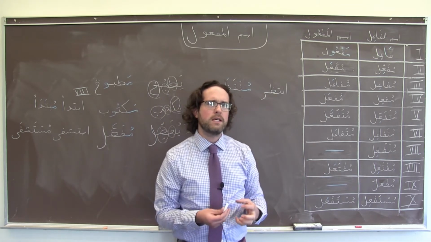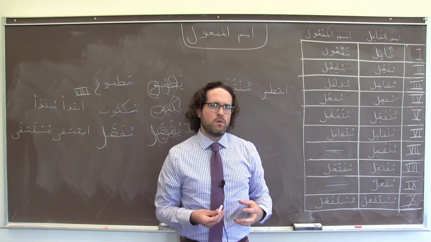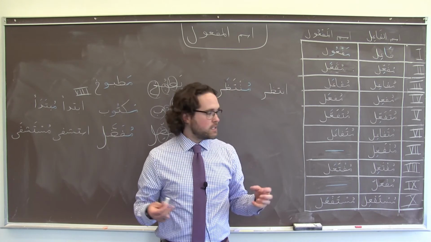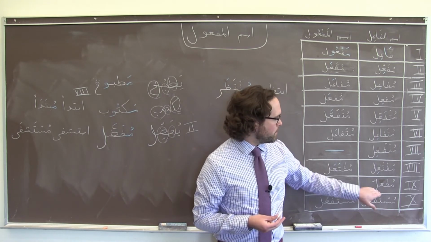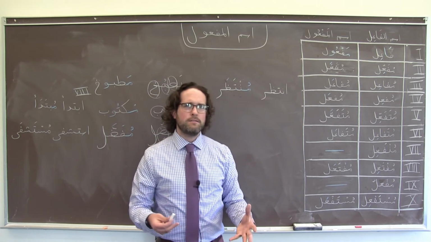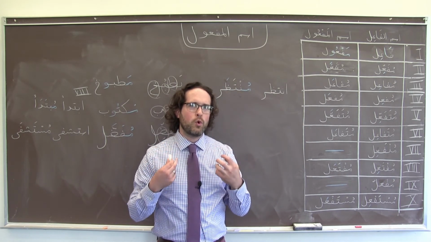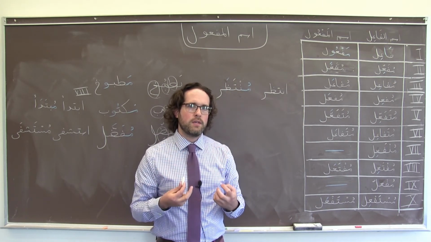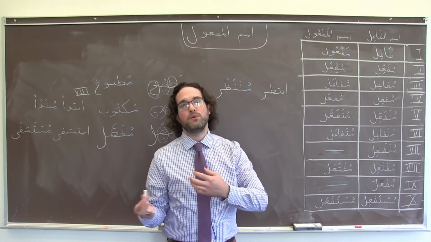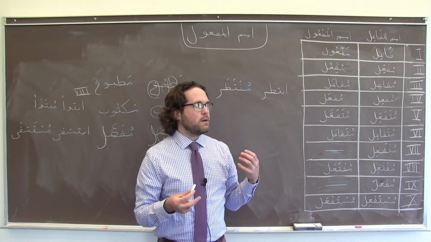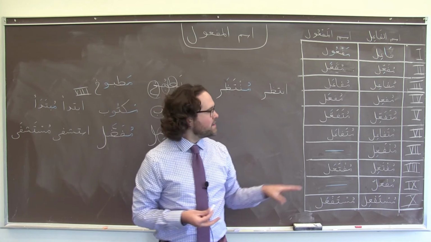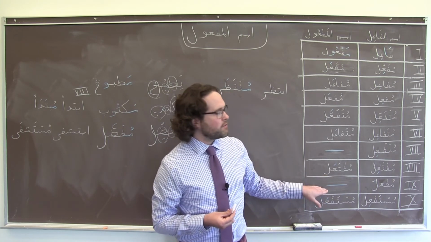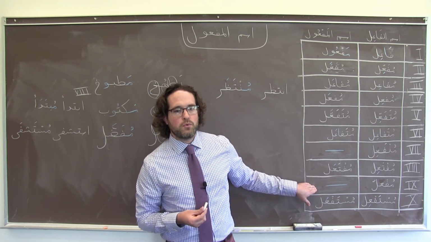It would sort of be doubly passive in a way that rendered it meaningless. Similarly, in form 9, since form 9 has to do with being or becoming certain things, being or becoming blue, being or becoming squinty-eyed, something like that, we don't really have a productive ism maf'ul in those patterns.